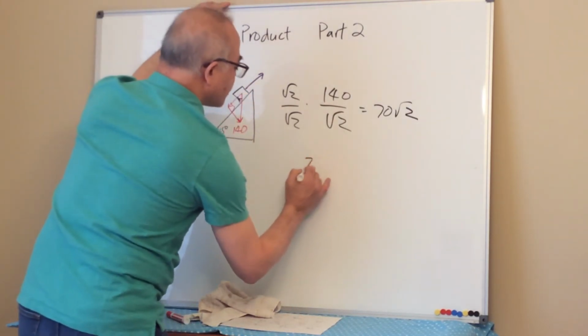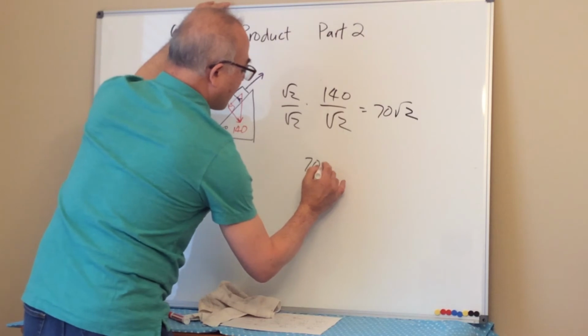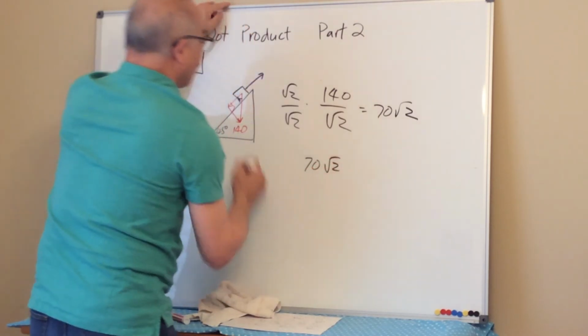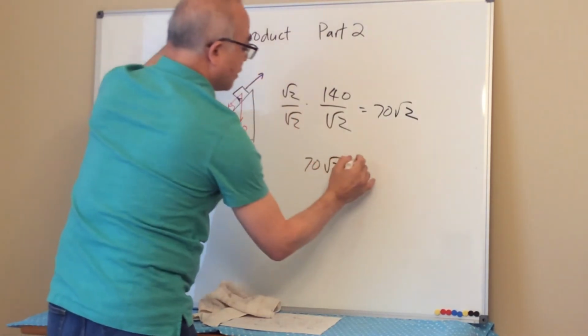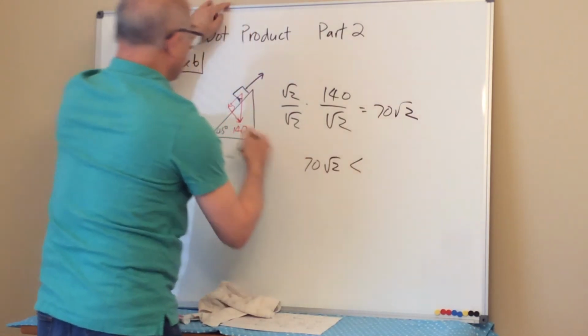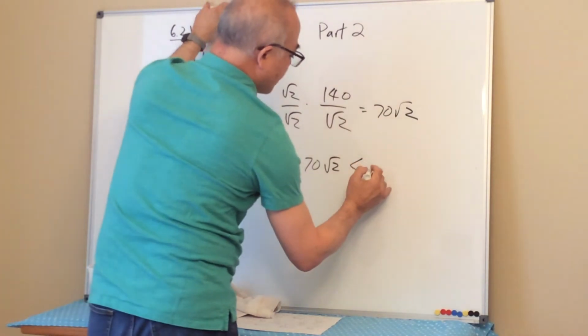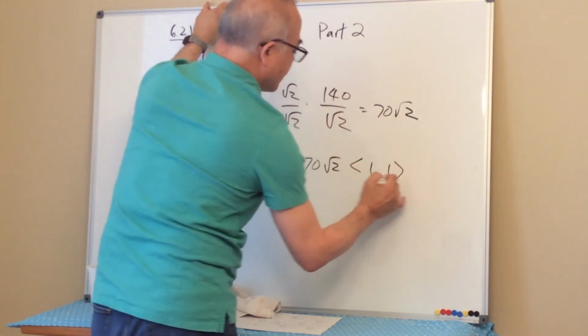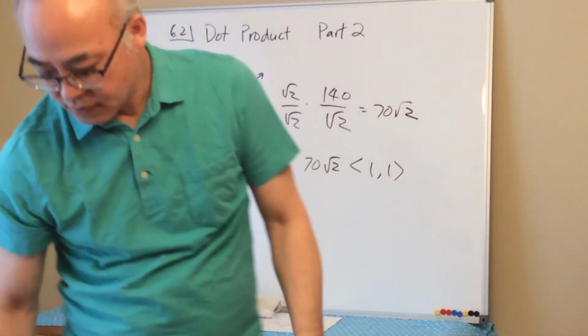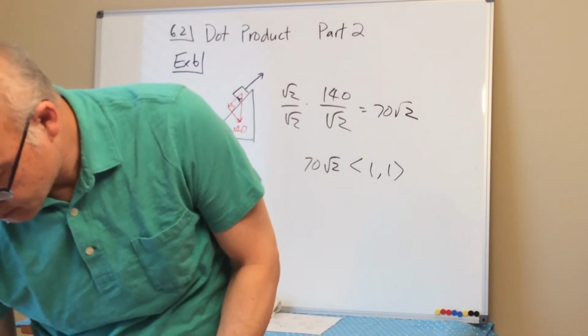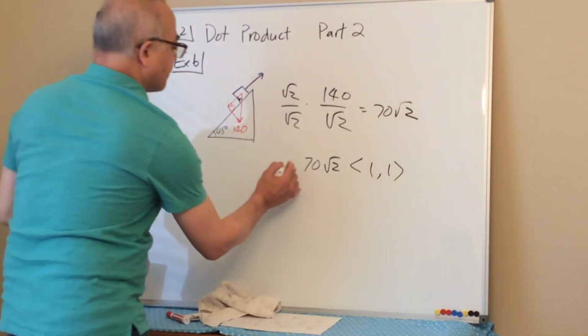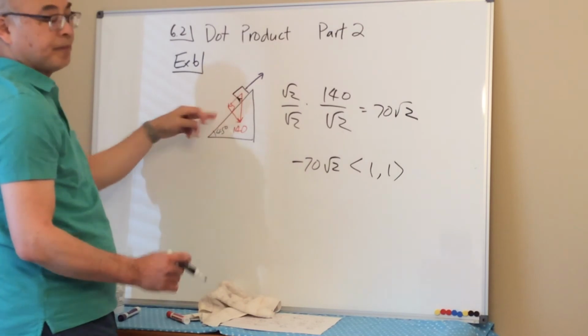But I'm going in which direction? I'm pulling it that way, right? So the counterbalancing force is that way. So it would be this. Is that the answer? Negative, because it's going down this way.